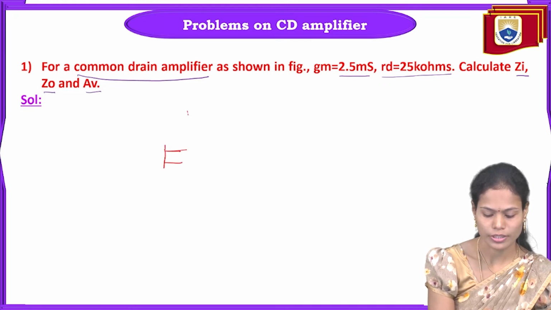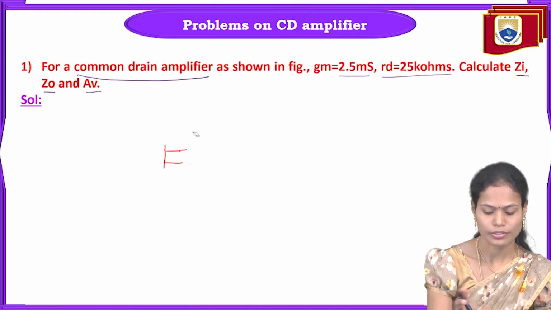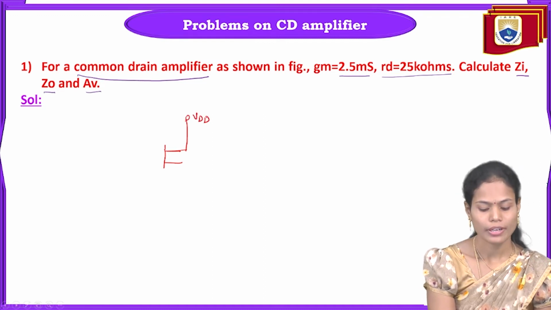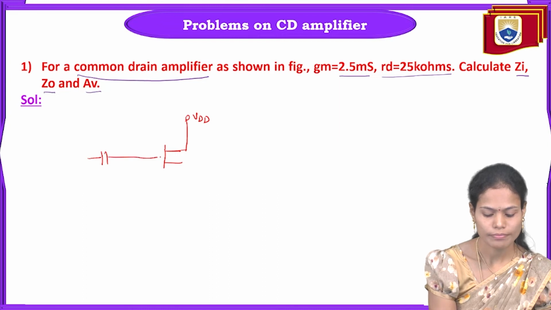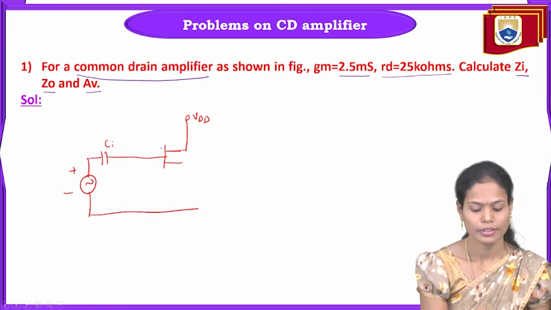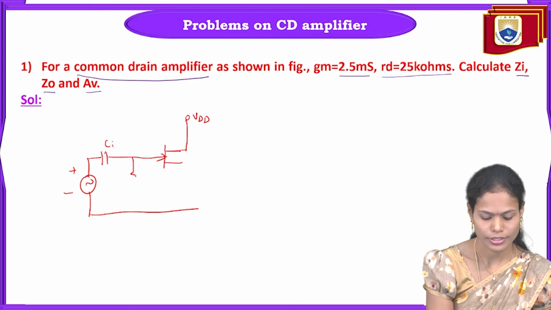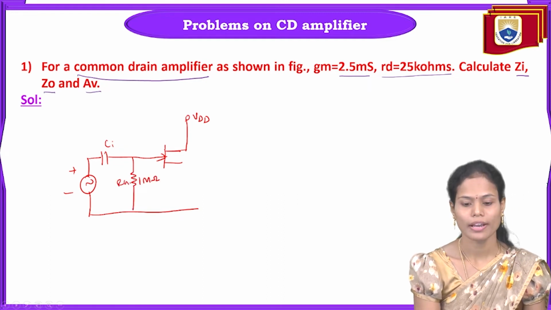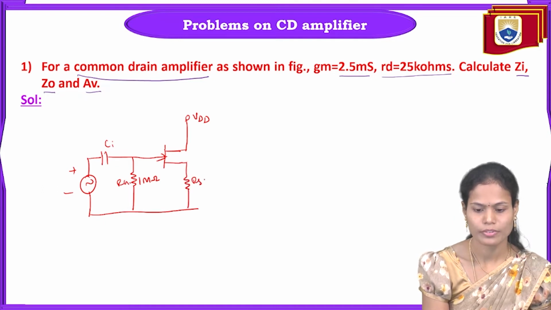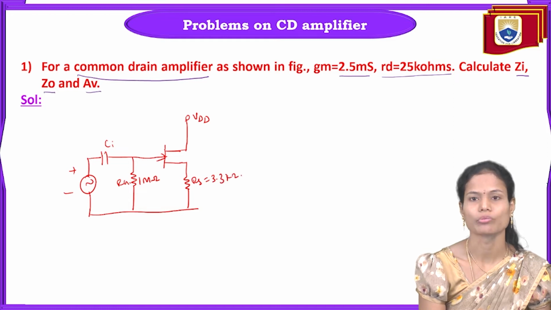Common drain amplifier with the drain resistance. The drain resistance is not given directly. The supply voltage is VDD, and through the coupling capacitor the signal is connected to the gate, and we also have the gate resistance RG as 1 mega ohm and the source resistance is 3.3 kilo ohms.